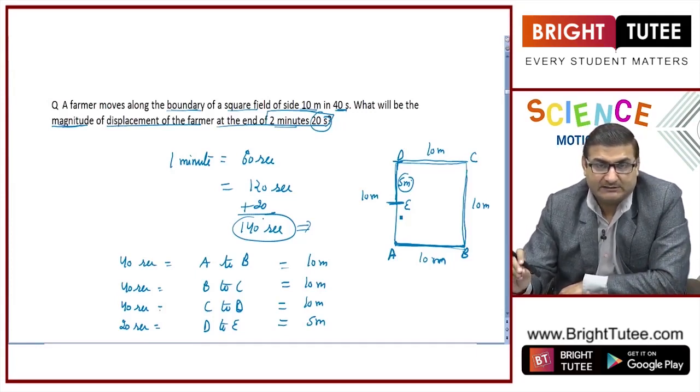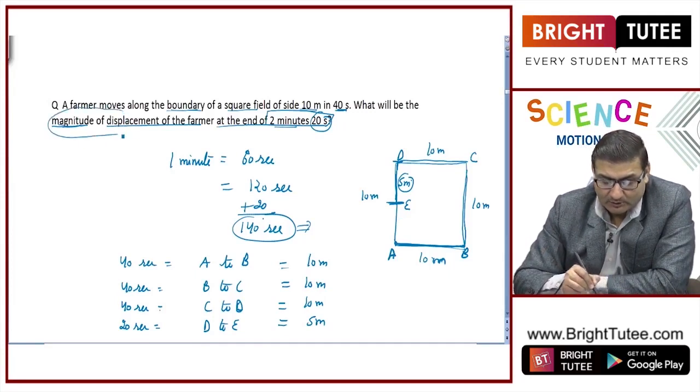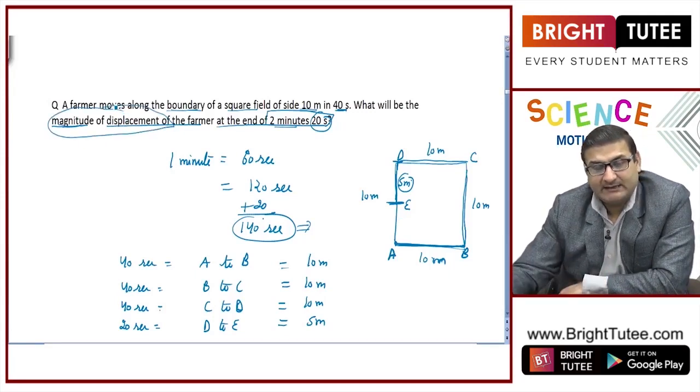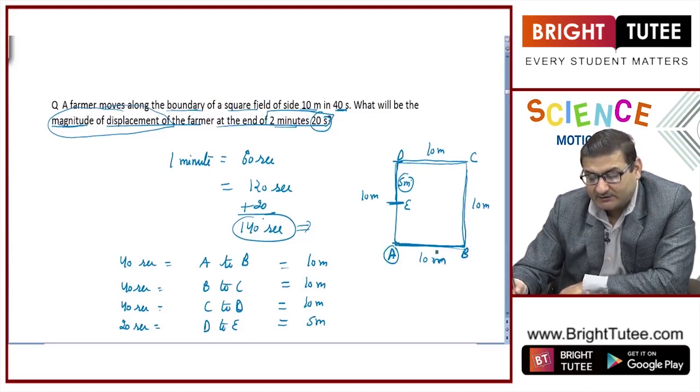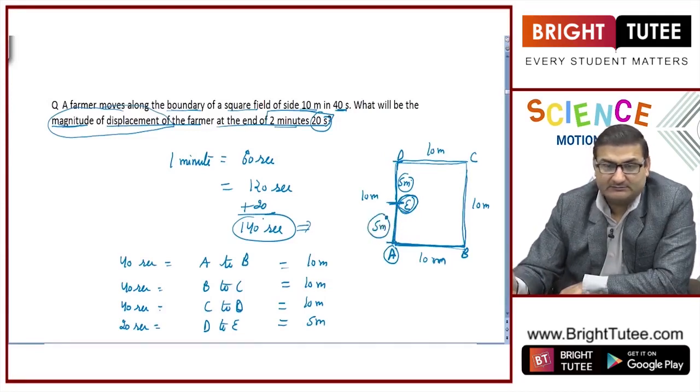But in this particular question, what is being asked is the amount of displacement. Now, if we see, the initial position of the farmer was A, and after 2 minutes 20 seconds the final position is E, and the shortest distance between A and E is actually 5 meters.